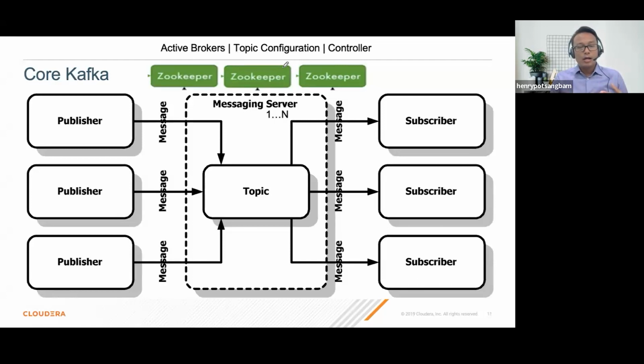Now, let's see what things we need to deploy Kafka. When I want to deploy Kafka, I need to deploy a component called Zookeeper. Zookeeper is an open source framework or library that allows you to store data in memory. This is just a coordination service.